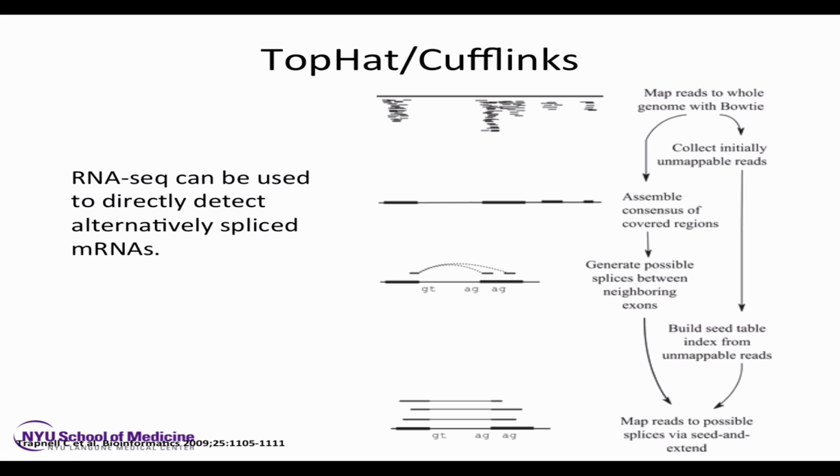I'm not going to go into too much detail on the inner workings of the TopHat algorithm, but it finds the gap. It breaks your read into small chunks called seeds. It takes the first 25 bases, and it looks at an index of all the 25 base chunks of the reference genome and tries to find a perfect match, lacking that, the best match, lacking that, a shorter match that perhaps will run into a gap.